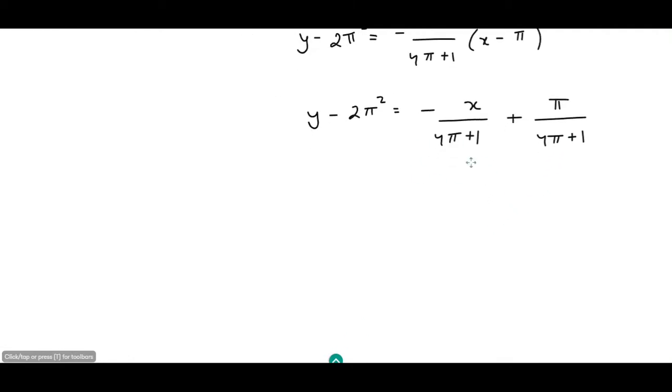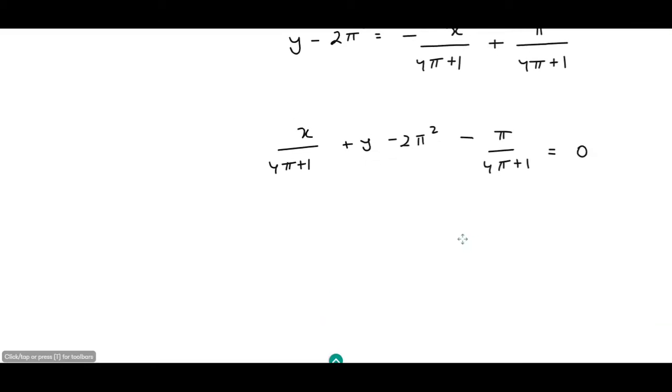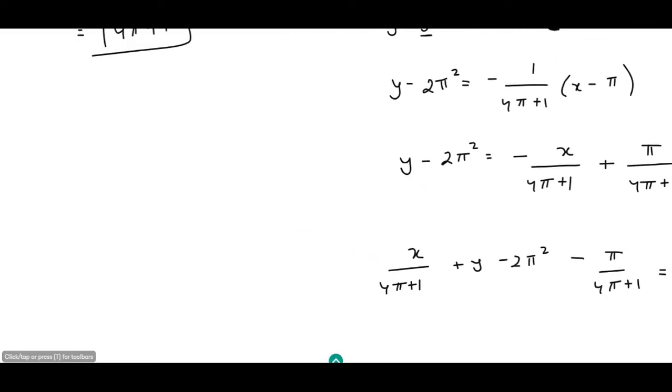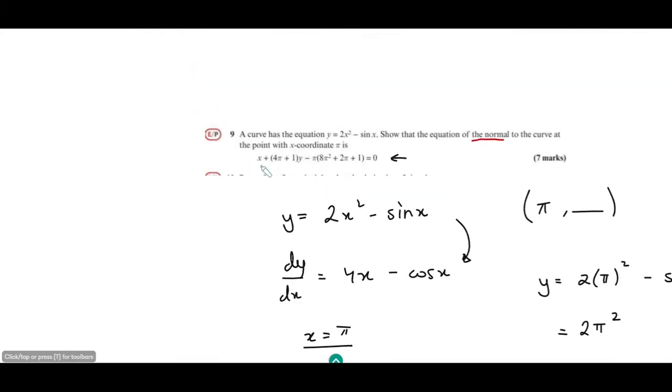Okay, so now let's rearrange. I'm going to bring the x over, plus y minus 2π squared, and then I'm going to also bring this over. So on the right hand side, all I'll have is equals 0. So this entire thing equals 0. Okay, now I'm going to multiply everything by 4π plus 1 because I know I need x by itself.